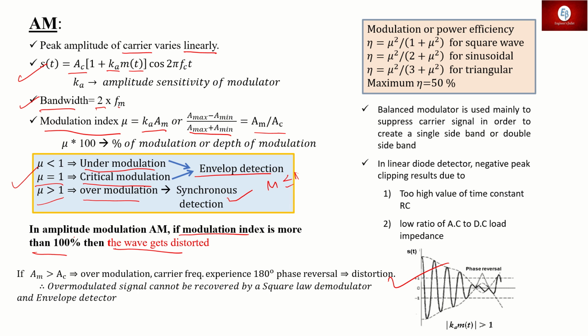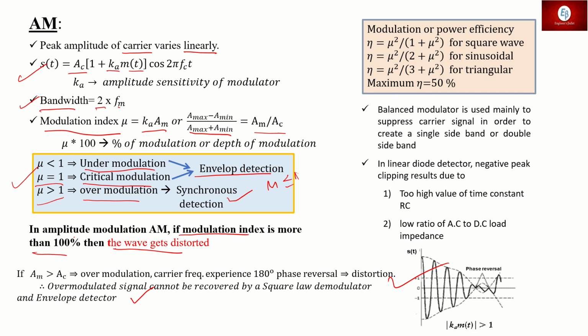So the wave gets distorted in that case. Therefore, if we pass the over modulated signal through a square law modulator, it will create a distortion, and if we want to recover the over modulated signal, then it should be passed through the synchronous detector.